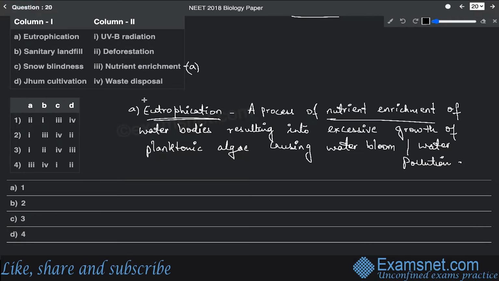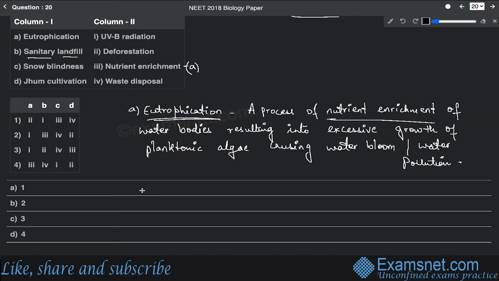Now, option B is sanitary landfill. Sanitary landfill is a process of waste disposal mechanism. This is one of the processes of waste disposal mechanisms where the waste is dumped in the dump pits created inside the earth, and then they are filled up with a layer of soil on it.